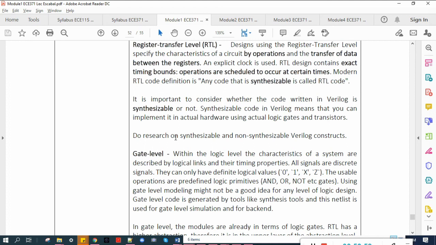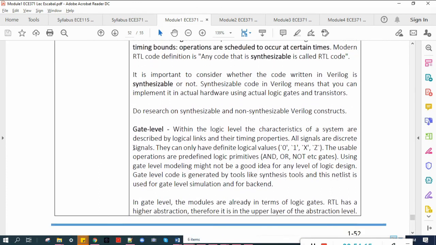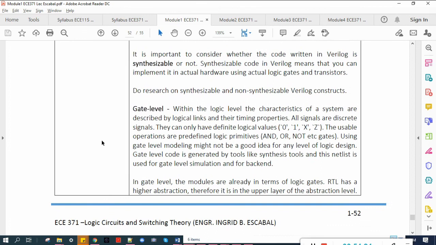So use only those synthesizable Verilog constructs for your actual circuit design. And then use the non-synthesizable for your test bench, if you are not using SystemVerilog or UVM and you're just using Verilog for your test bench.